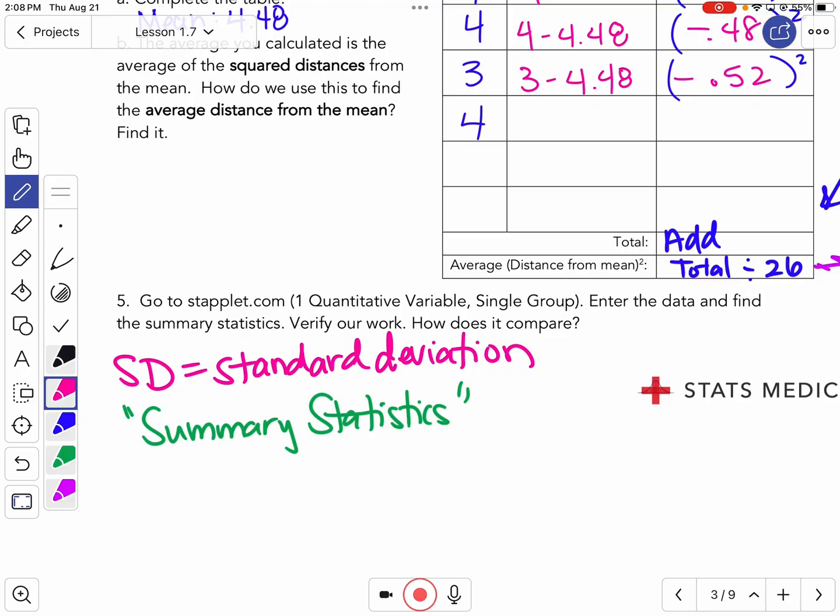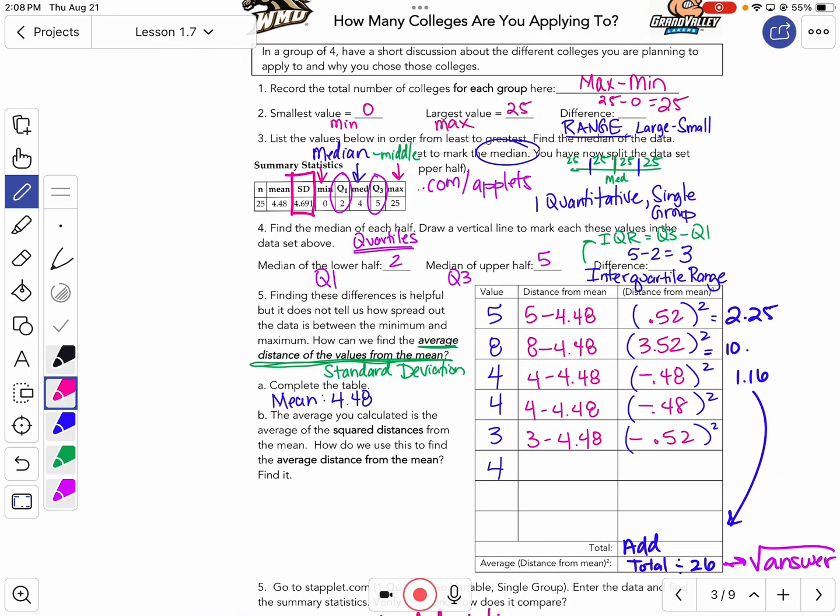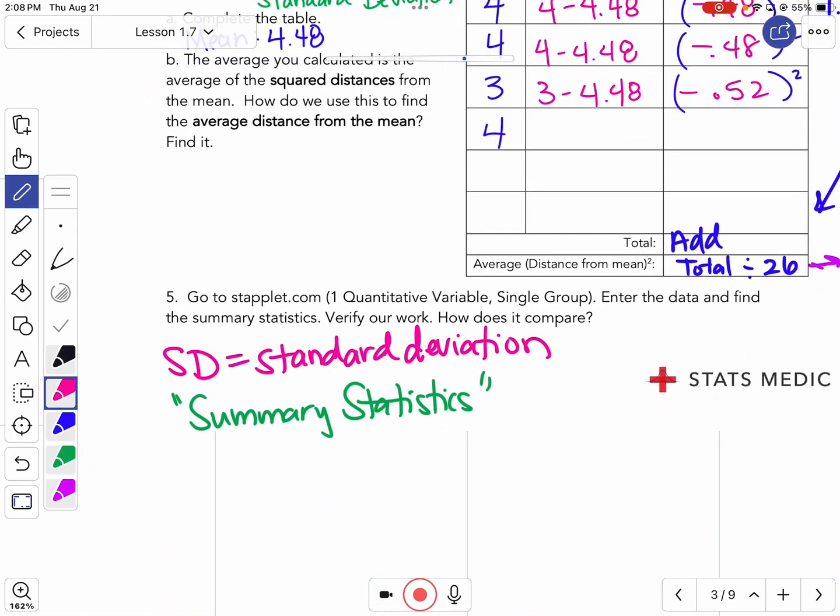So for what we got, what did it say up there? 4.691, okay? So SD is equal to 4.691. And if I did all that math with every one of those 26 data points, I subtracted the mean from it, I square it, I add it all up, I divide by 26, and then I take the square root. I should have gotten 4.691, okay?